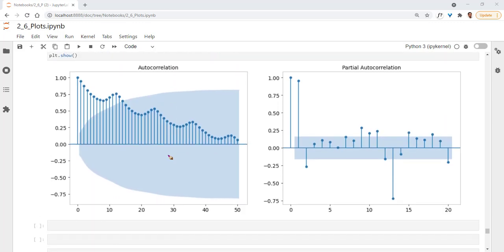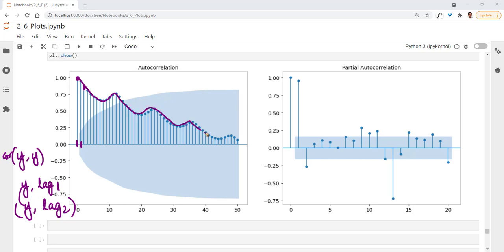So how to interpret it? Now in this plot, the very first line will typically be 1 because this is the correlation of y with itself. The second line is nothing but the correlation of y and lag 1 of y. Likewise, the third line is the correlation of y with lag 2 of y, and so on. You can see that as the number of lags increases, the correlation keeps reducing, and then there is a certain seasonal pattern to this.